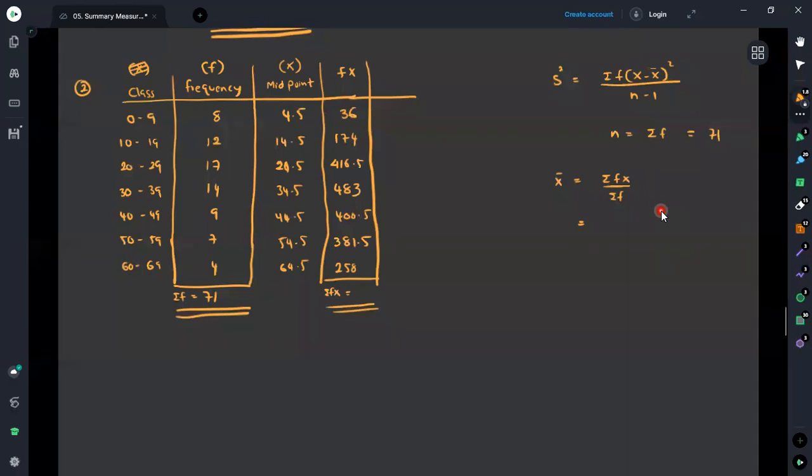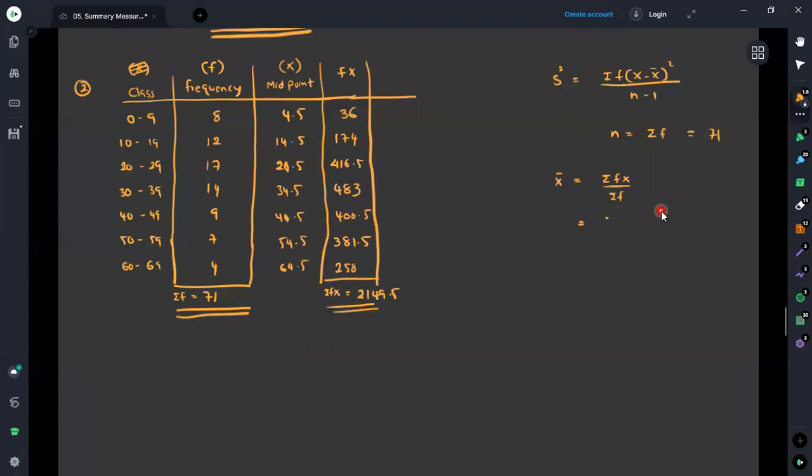Then we'll get the summation as 2149.5, and we can substitute it in the equation.